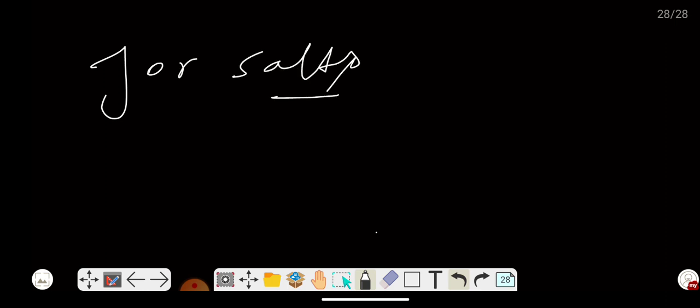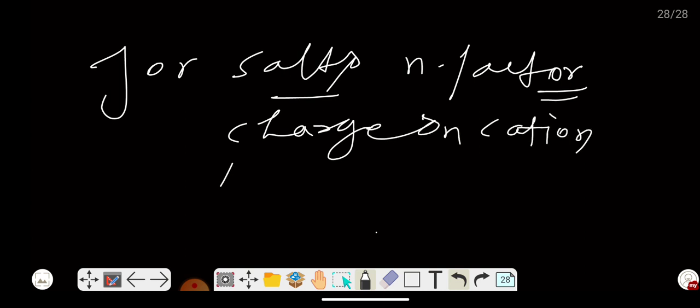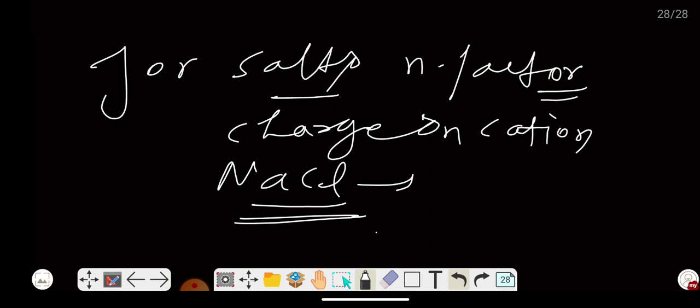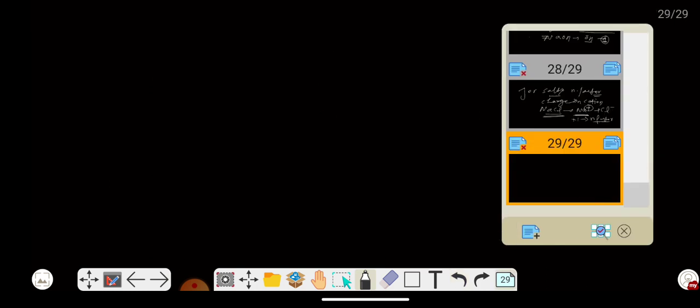Now for salts, the n factor is the charge on the cation. Suppose we have the salt NaCl. Here we have Na plus and Cl minus, so the charge on the cation is plus 1, so the n factor will be 1. Now the n factor can be calculated in this way.